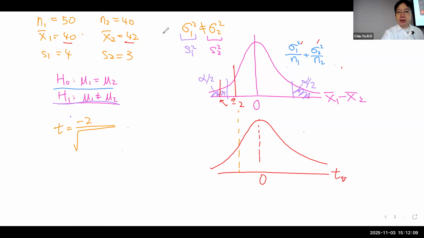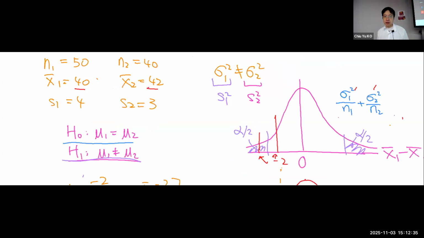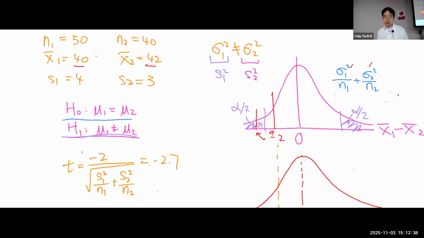Because we replace sigma 1 squared by S1 squared, this is why we have T. So it is 0 over the square root of S1 squared over N1 plus S2 squared over N2. S1 is here, S2 is here, N1 is here. I think it's -2.7, if I remember correctly. Let me see. Yeah, -2.7.